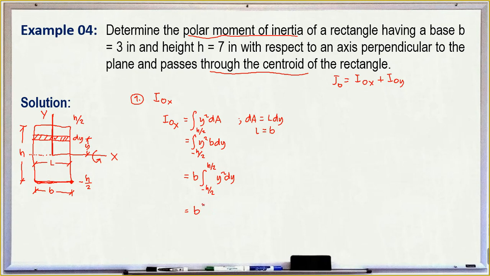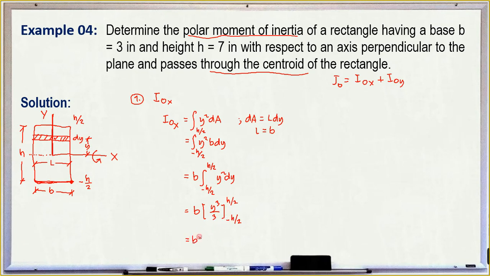So we have b y cube all over 3. That is from negative h over 2 to positive h over 2. Now, ato siya i-simplify further. I-evaluate nato, no, from these two boundaries.